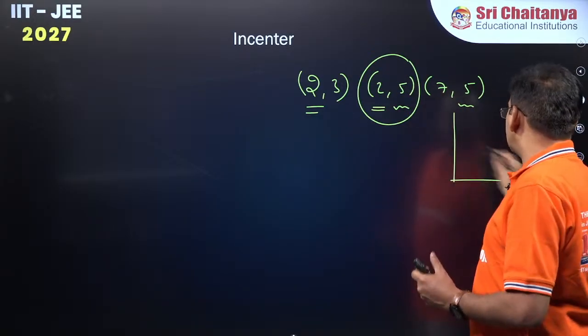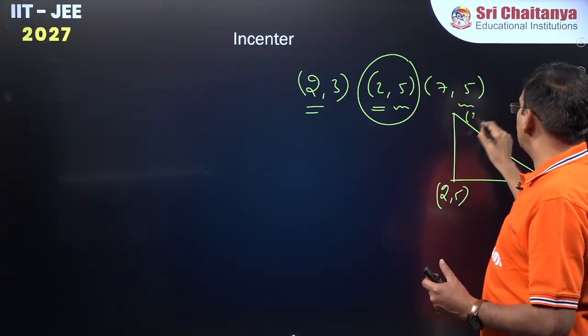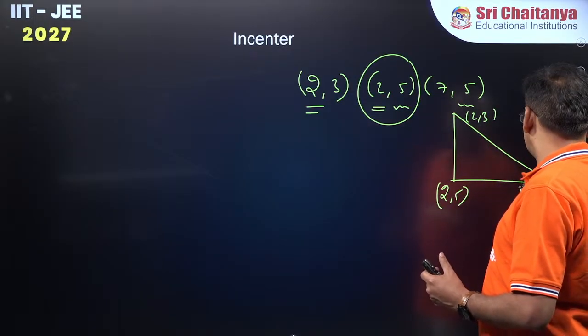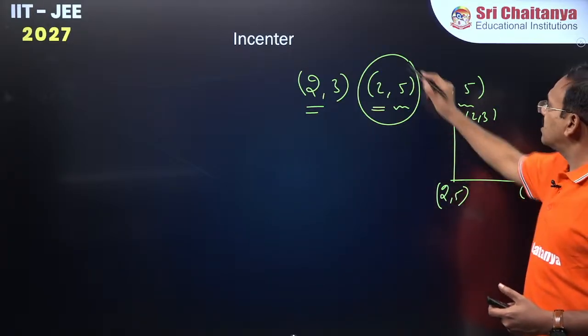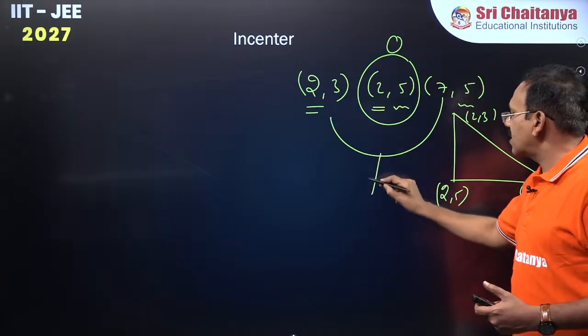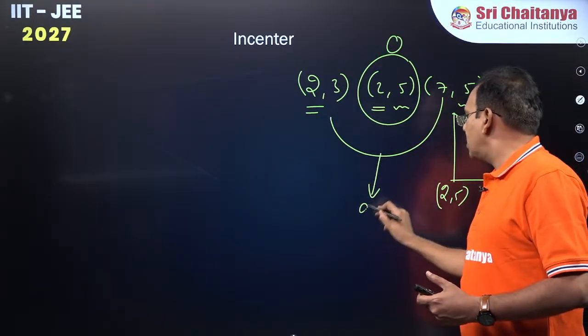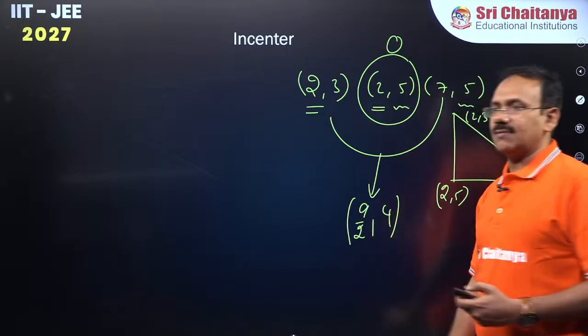So this will be the point (2, 5). Obviously this is (2, 3), this is (7, 5). So one can say, dear students, obviously this is the orthocenter. The midpoint of these two is the circumcenter. The midpoint of these two is (9/2, 4). This is the circumcenter.